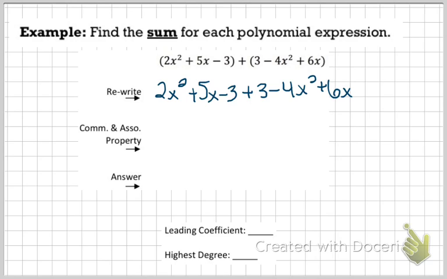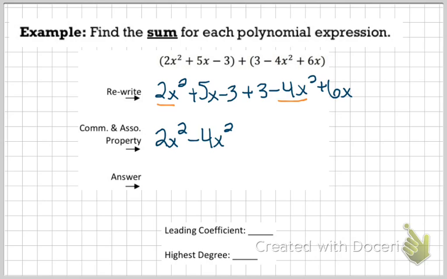Next, we're going to use the commutative and associative property. Commutative property means move around. So we're going to move terms around, and we're going to start off with our like terms. So I look at all the exponents. The highest is a 2. So we're going to start off with 2x squared and move this one right after, because those two are together, like terms.